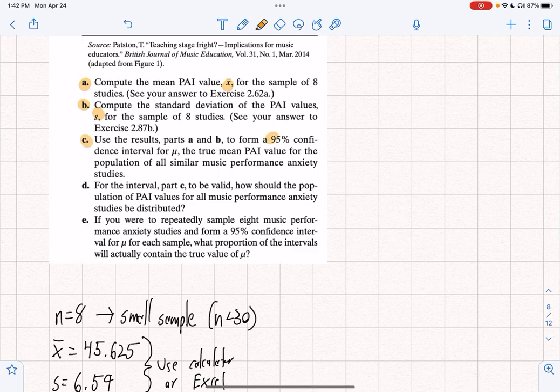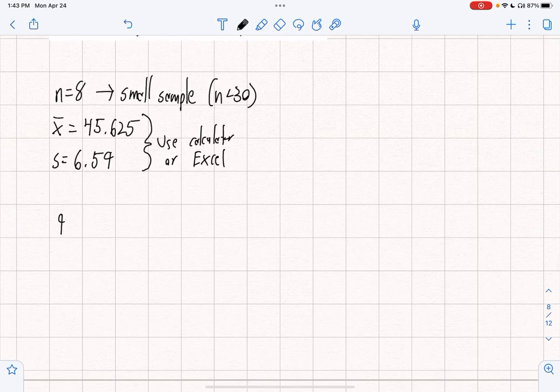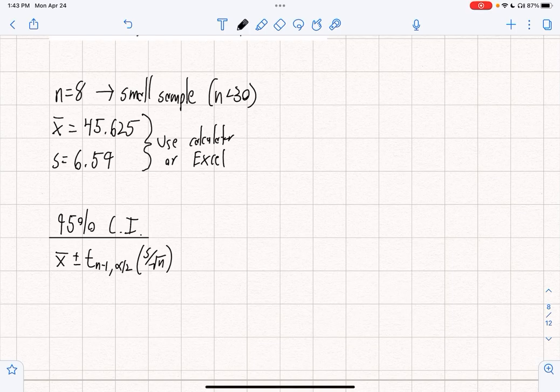We want to find a 95% confidence interval for the average mu. So let's just recall our formula: x bar plus or minus t with n minus 1 and alpha over 2, times s over root n. This was our new formula.